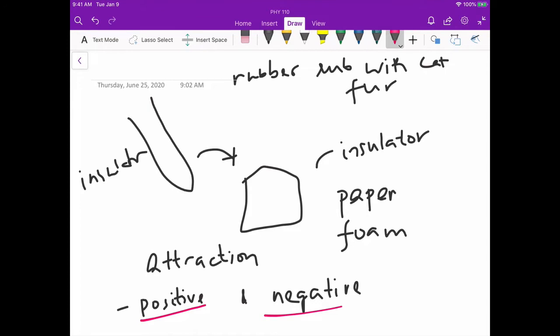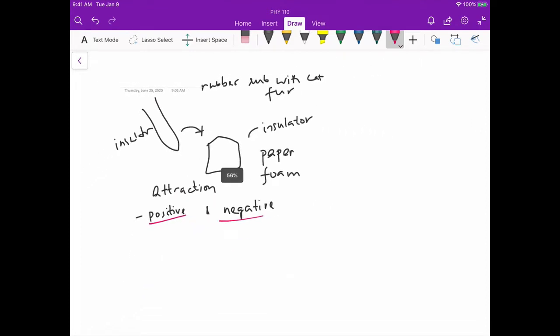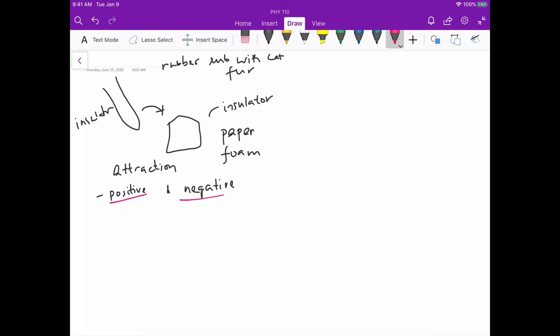Sometimes they attract each other, sometimes they repel each other. So, as we said, you have an insulator and an insulator, but one is very well wrapped against a fur material, and when you bring it to another material which was pretty much neutral, there will be an attraction.